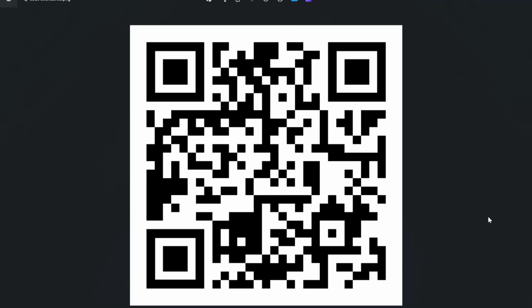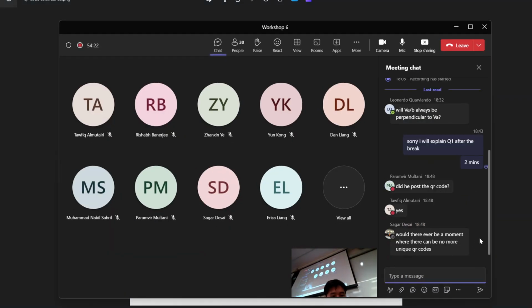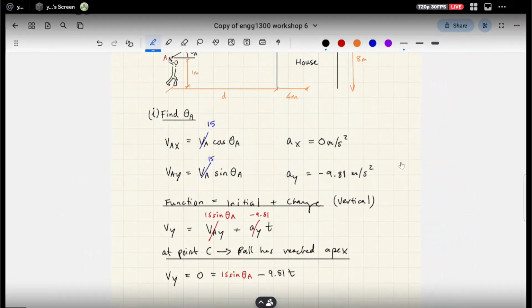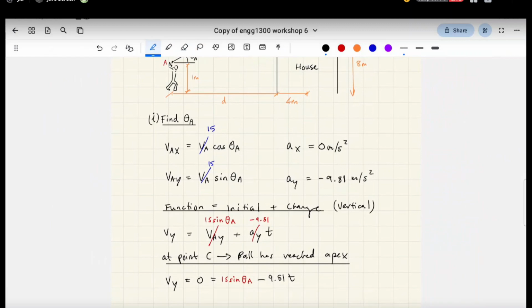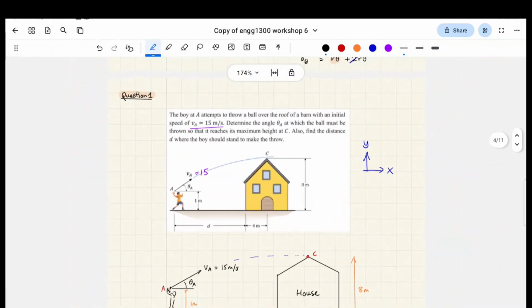All right, I'm gonna get started again. Okay, I'm sorry. This question I'm not explaining very well. Let's run it back. So basically, you got this guy. He's throwing a ball at the top of the house, right?